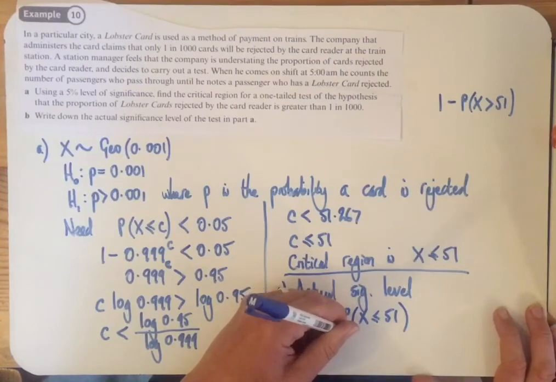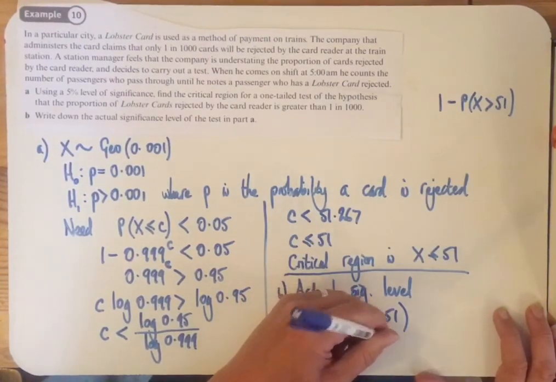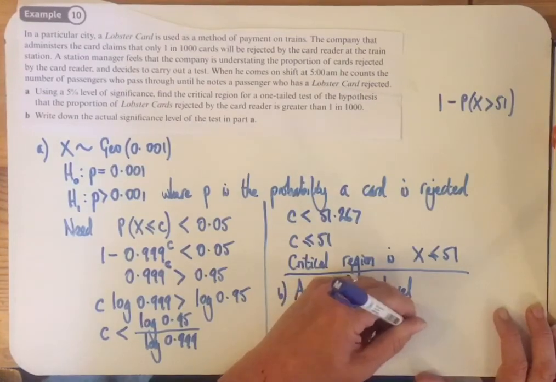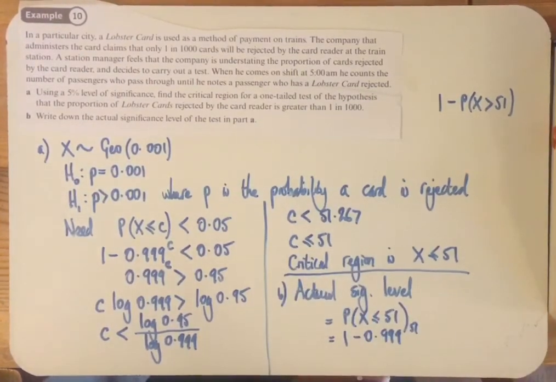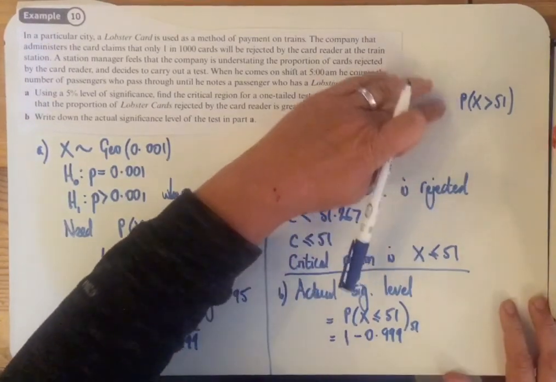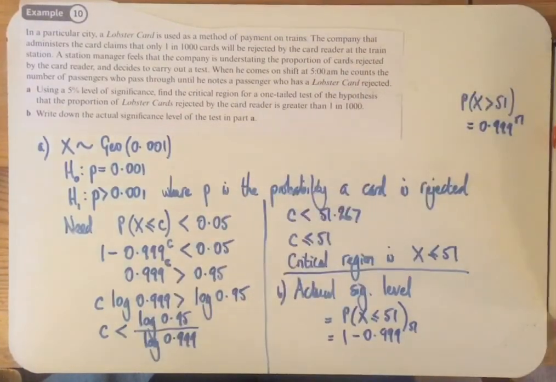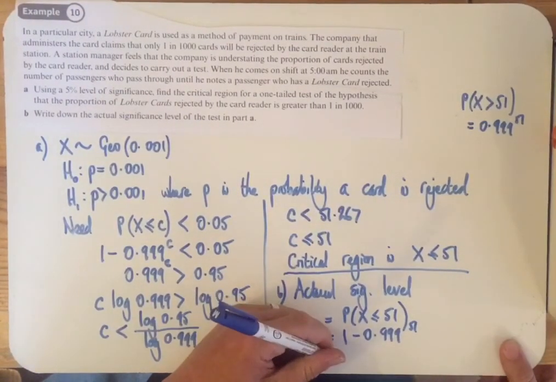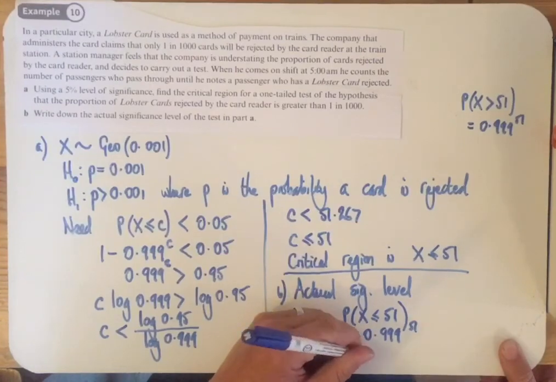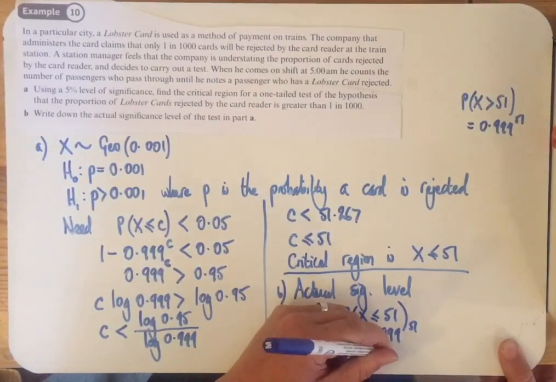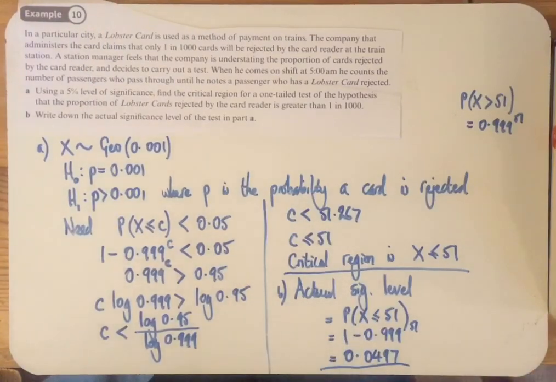The probability X is bigger than 51 is 0.999 to the power of 51. So it would have gone through okay for the first 51 trials, and so the failure will happen after the 51st trial. We're not really worried where. So that gives you 0.0497 for your actual significance level.